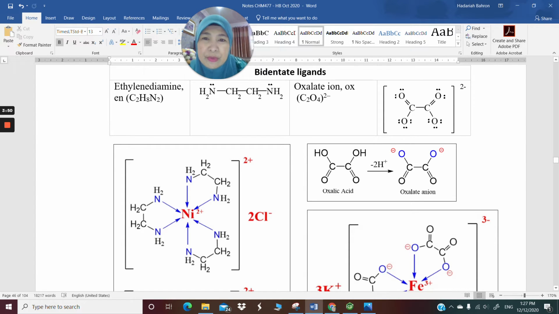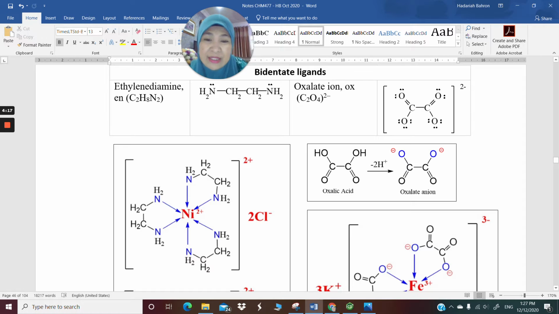Each of these ethylene diamines doesn't carry any charge. So this is zero charge, another zero charge, another zero charge. The nickel 2 plus charge of the metal center is reflected in the overall charge of this complex ion.